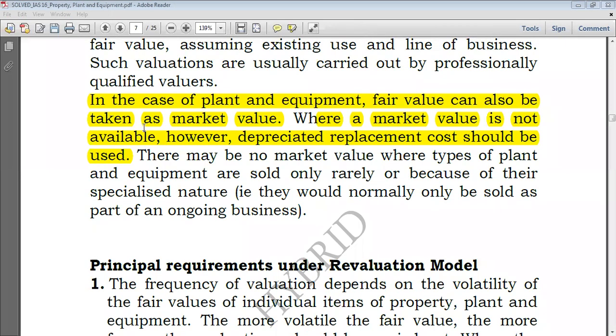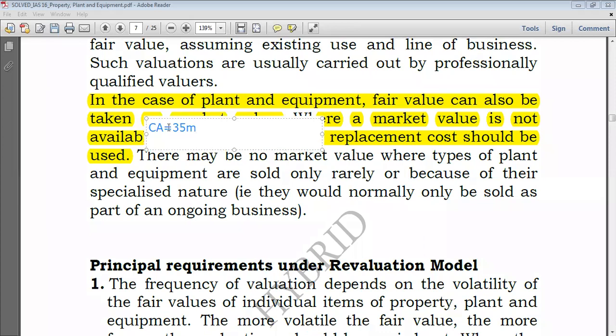Let's say you have an asset with a carrying amount now of 35 million. Let's just presume this one, and actually we say that 5 years have passed since it was purchased.